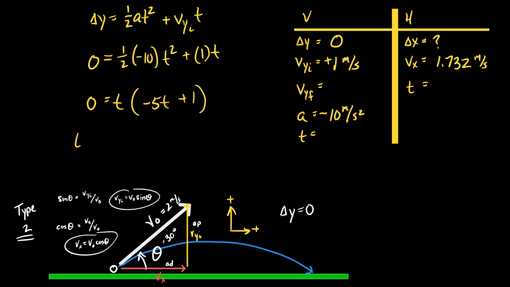And I find one of my answers is 0, and one of my answers is 0.2 seconds. Be careful. I want you to be thoughtful. When we asked when was the object on the ground, there were 2 times that it was on the ground, right? At the beginning, t equals 0, and at the end, 0.2 seconds. Not a big deal, but this is the way math works, and I like to make sure we understand that math works. But that just means 0.2 here and 0.2 here.